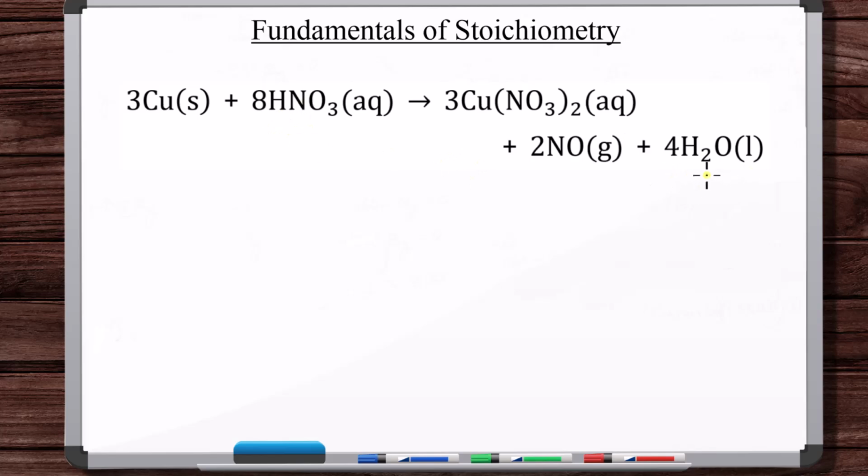Or 4 moles of H2O is stoichiometrically equivalent to 3 moles of copper. 3 moles of copper nitrate is stoichiometrically equivalent to 4 moles of H2O. Everything is stoichiometrically equivalent to everything once the equation is balanced from the perspective of moles.